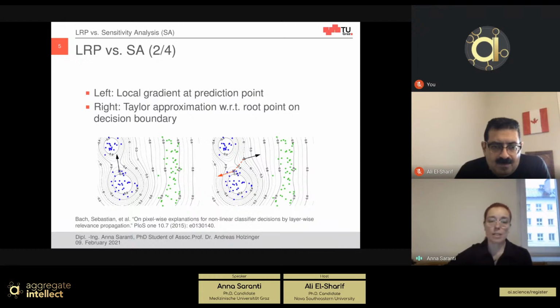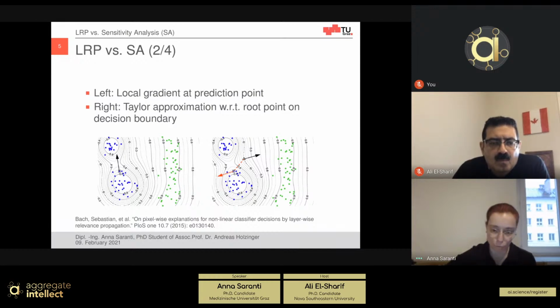The closest point is at a completely different angle, right? So let me repeat that. With black, we denote local gradients, and with red, we see the approximation of the function that is computed by the neural network by Taylor expansion that is used in LRP.